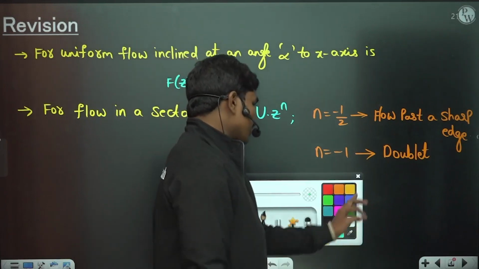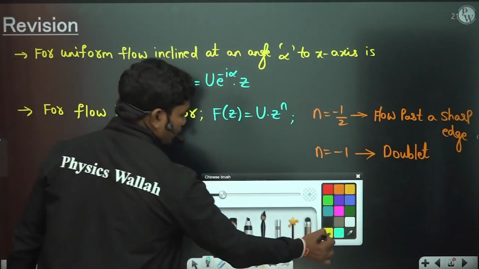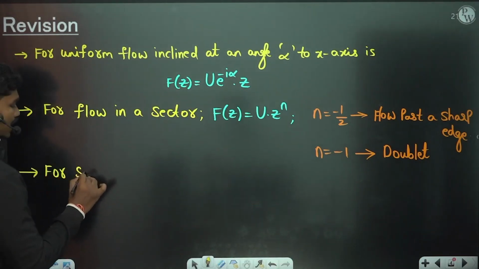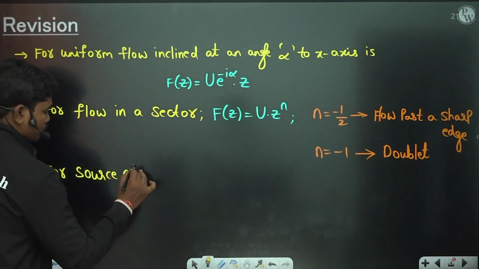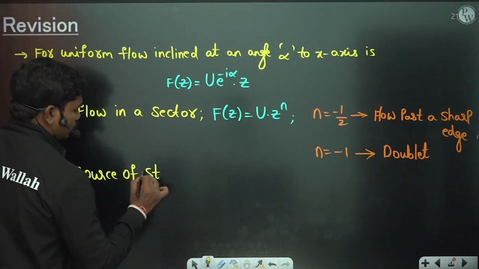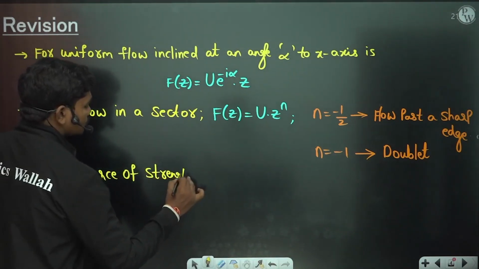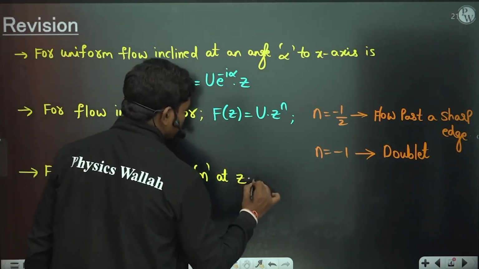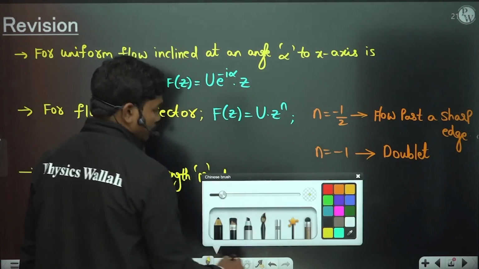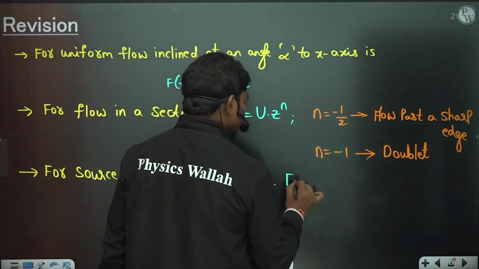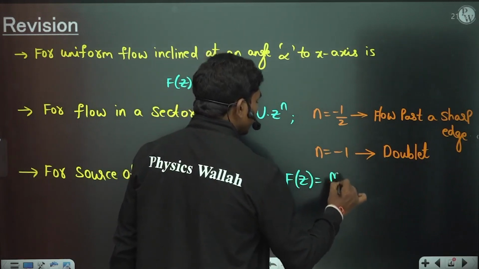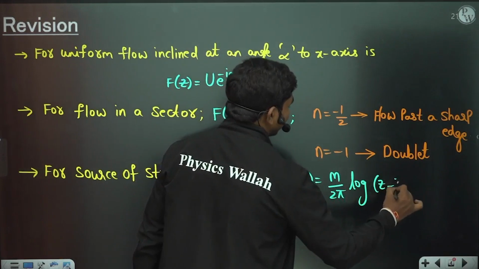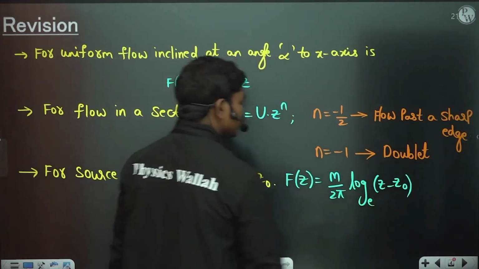Then we also talked about a source of strength m at z is equal to z0. We have f of z is equal to m by 2 pi log of z minus z0 to the base e, correct? This is what we have.